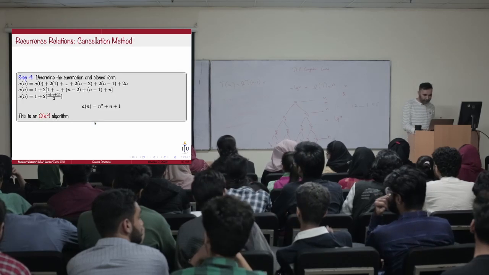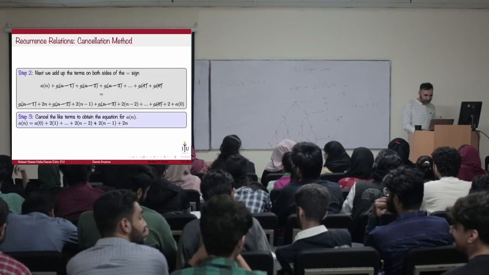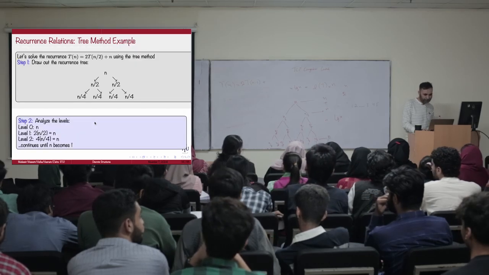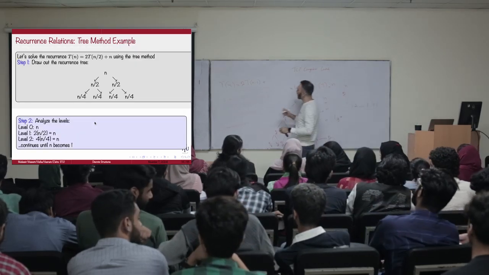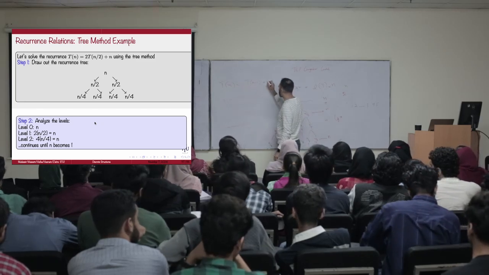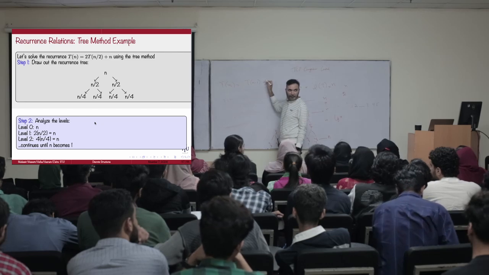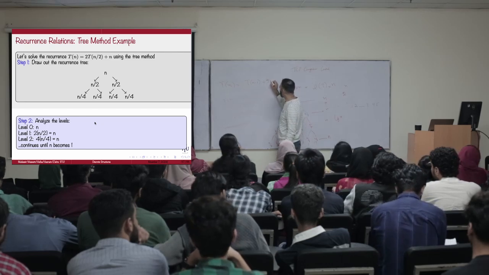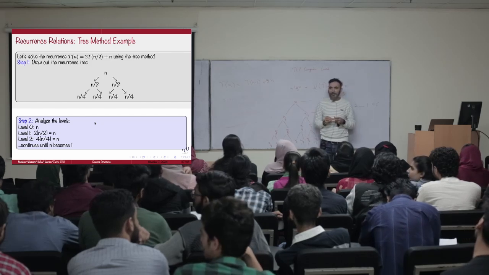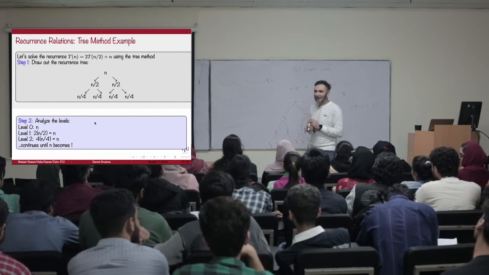You don't remember, right? Where is it? It's A of n minus 1 plus 2n. I'm writing A here as T. It's fine, right? Am I allowed? Okay.